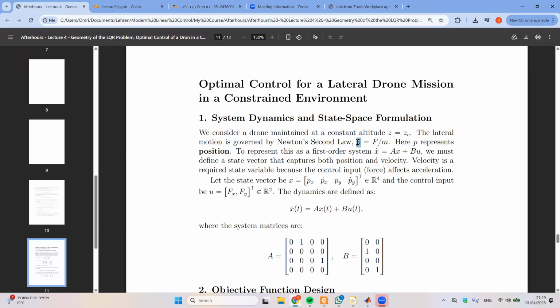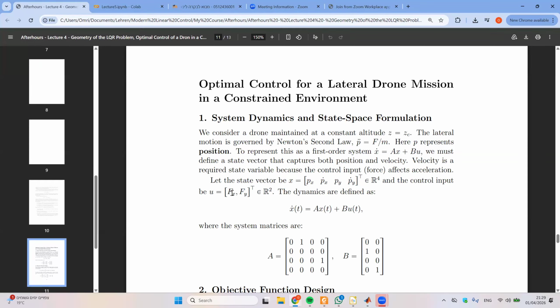Now this is a second order system, we need a first order system, so we define the following state vector. So we have position in x, velocity in x, position in y, velocity in y.